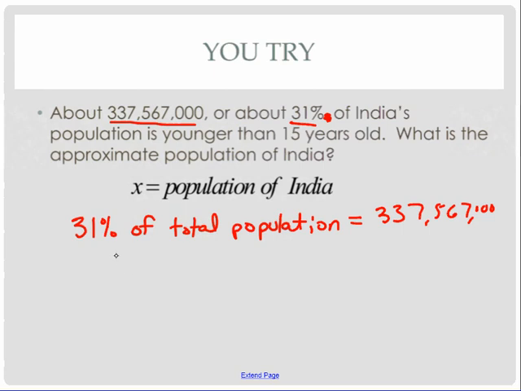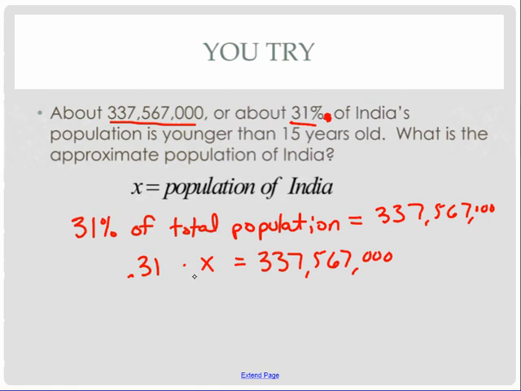Okay, so if we're trying to figure out the population of India, I could say 31% of, that means times, the I don't know, that's the X, equals 337,567,000. And then 31%, I'm going to change that into a decimal and call it 0.31.